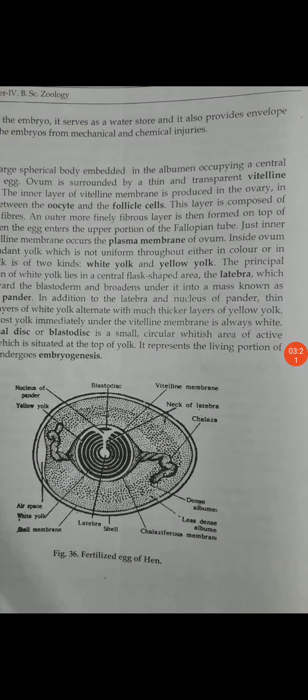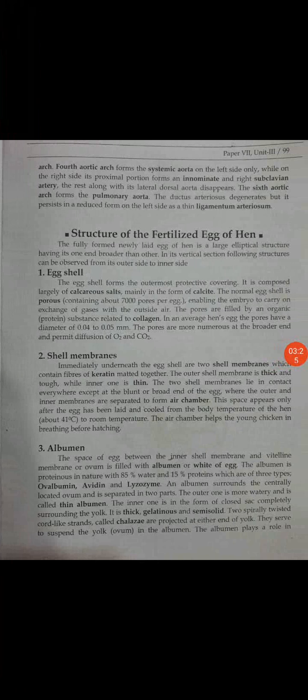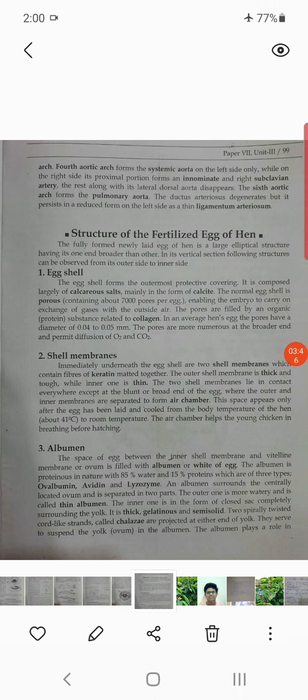Albumin is actually the white part of the egg, as you studied. But we broadly know the albumin. But what is this? Actually, the space of the egg between the inner shell membrane and the vitelline membrane or ovum is filled with albumin or white of egg.